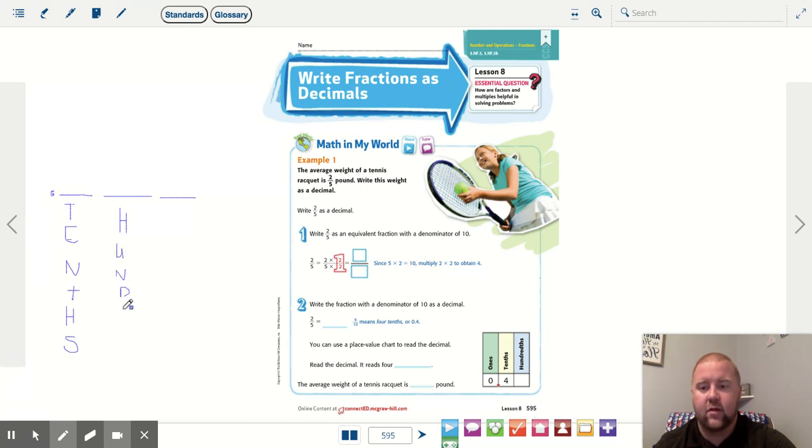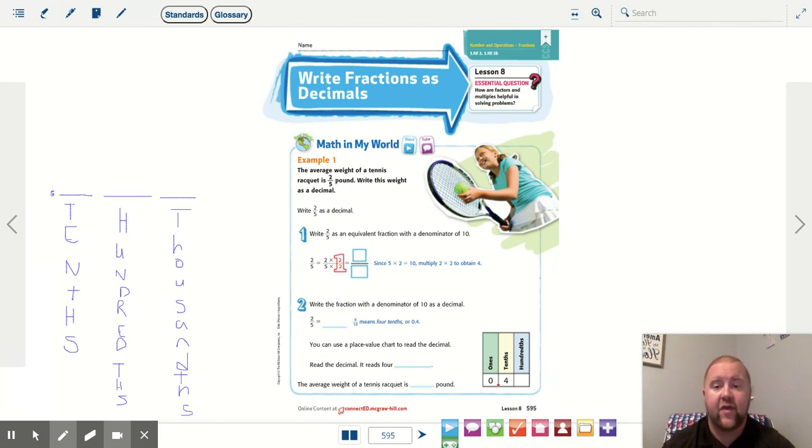I'm sorry, I know my writing is not the best looking. And then this is the thousandths. This is going to be really important for us today because when we're changing our fractions to be decimals, we're going to be talking about these three places a lot: the tenths place, the hundredths place, and the thousandths place.